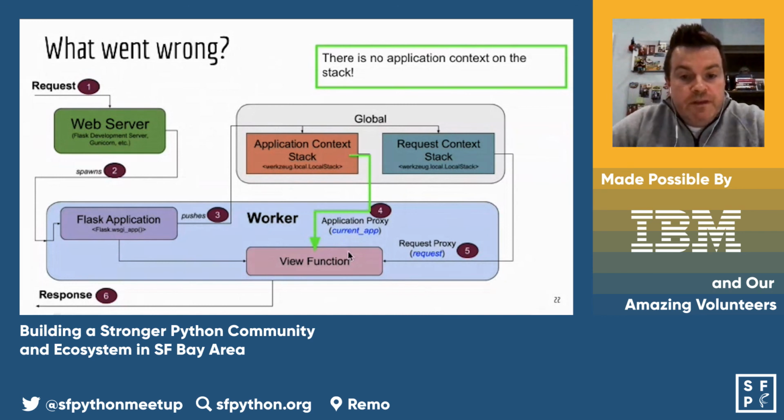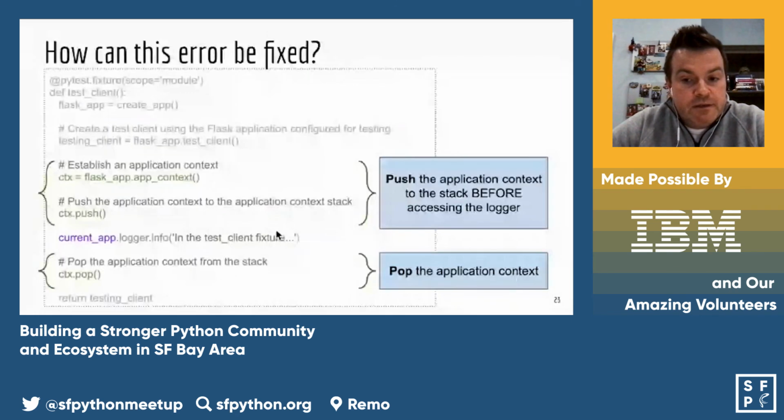We can update the fixture to simulate what happens with the Flask framework when a request comes in. Before we access the current app proxy, we establish the application context, and then we push the application context onto the application context stack. So we're pushing the application context prior to accessing the logger.